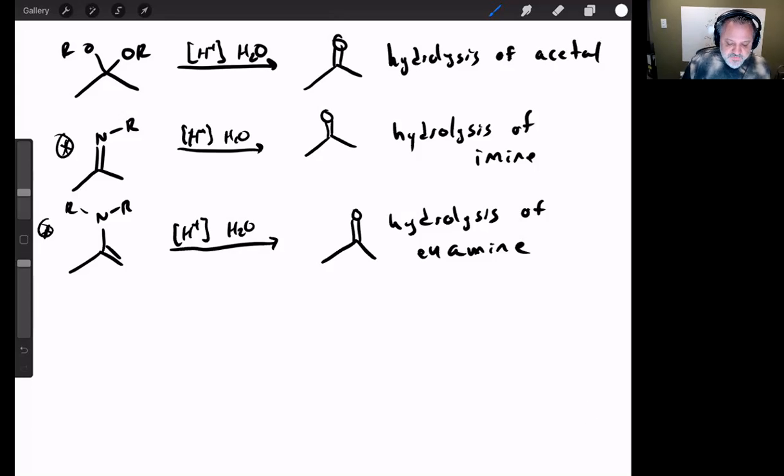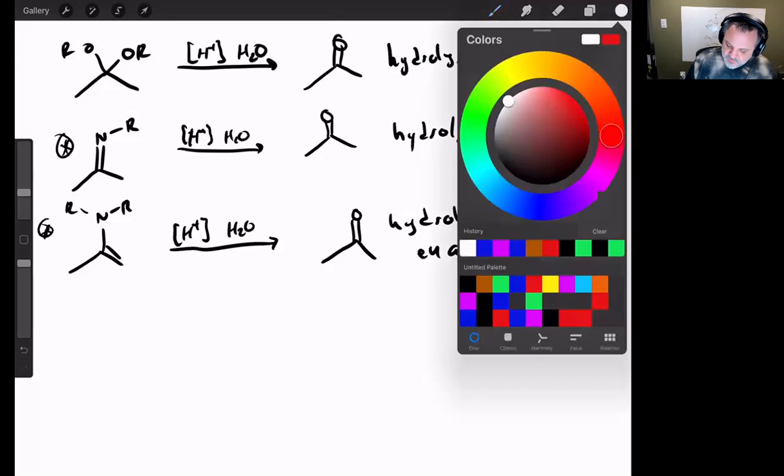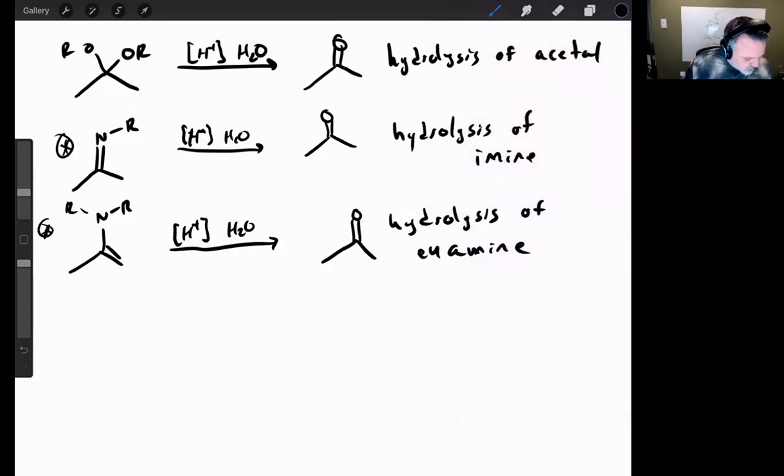All of these reactions involve mechanisms from their formation that go in reverse. Here's what we talked about when it came to the mnemonic for the formation of an acetal.